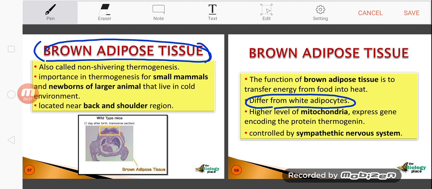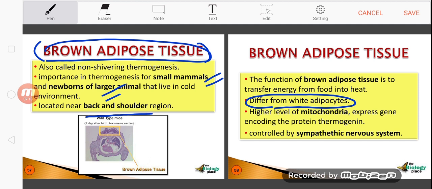All right, so who has this BAT? Small mammals or newborns of larger animals will have this BAT tissue. It's usually located at the back and shoulder region.